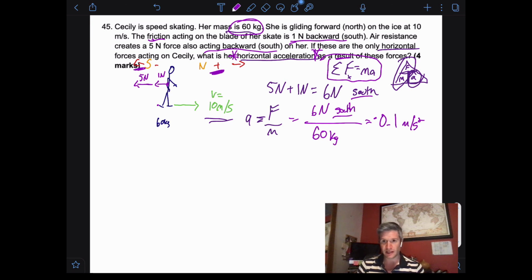So this acceleration is actually a deceleration, based off of what we found here. And that makes sense if the only two forces are frictional and air resistance, they're going to be slowing her down unless she was applying force to move herself forward, right?